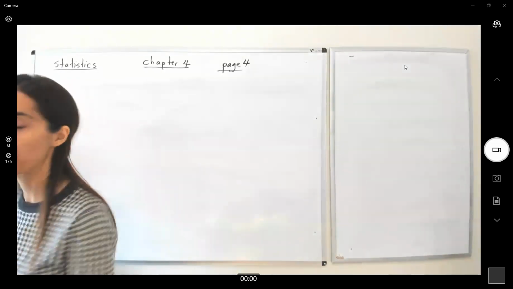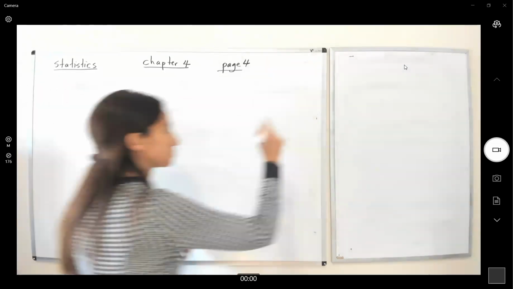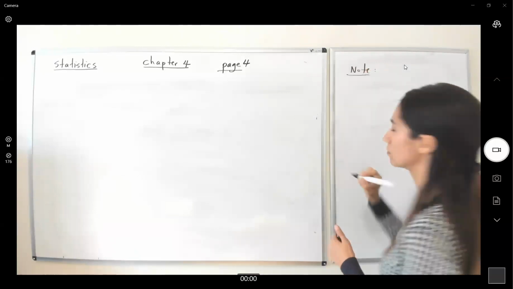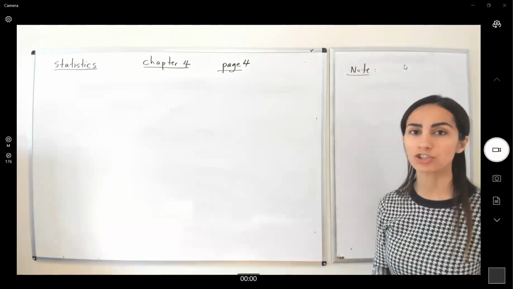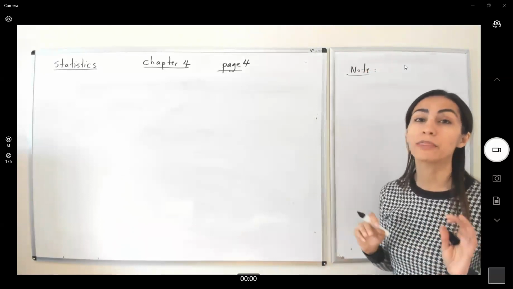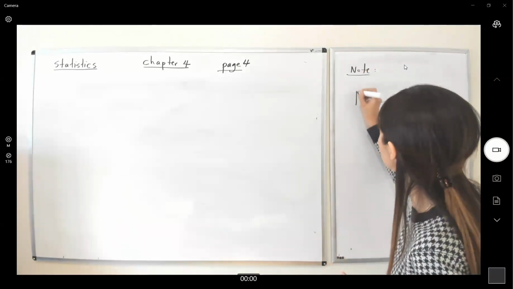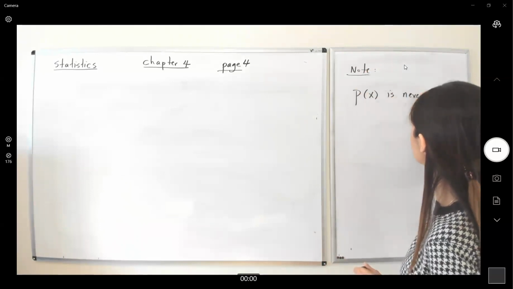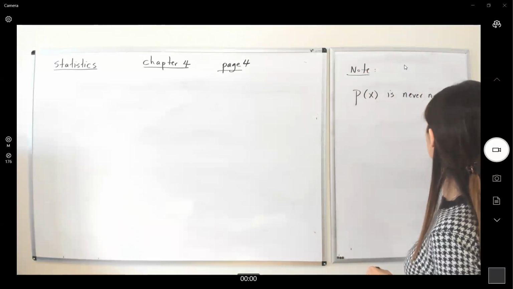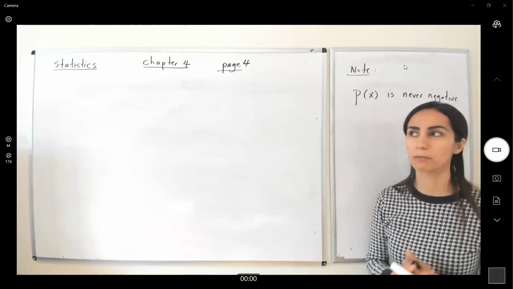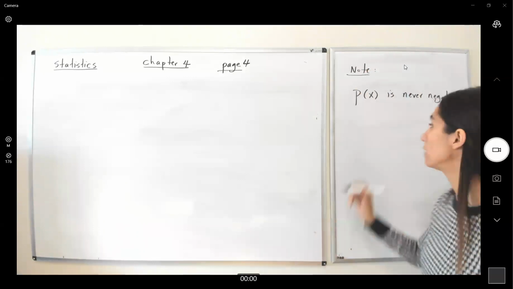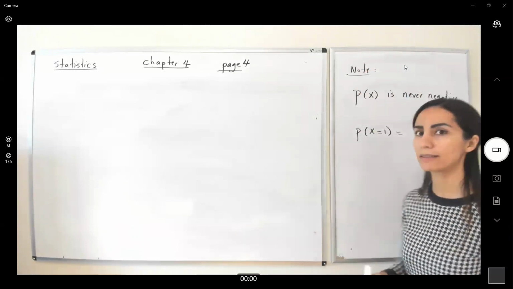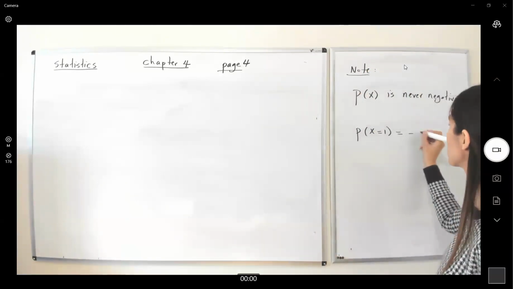So one important note for you is probability distribution function for a variable cannot be a negative value. P of x is never negative. So if somebody says, hey, the probability of variable, for example, x equals to 1, I got negative 20%.